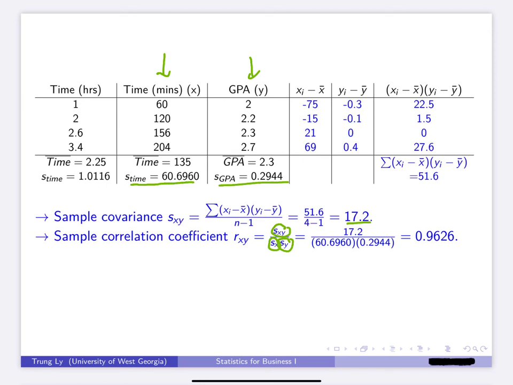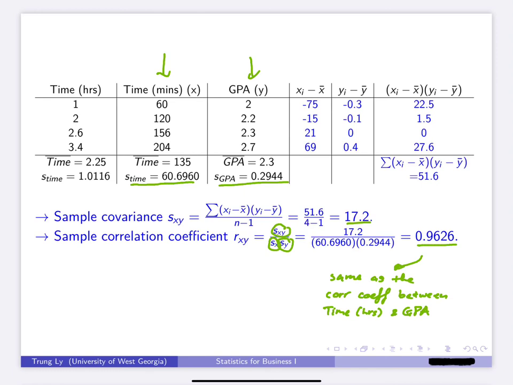If you do the math, you would get 0.9626 for the correlation coefficient, which is the same as the correlation coefficient between time in hours and GPA.